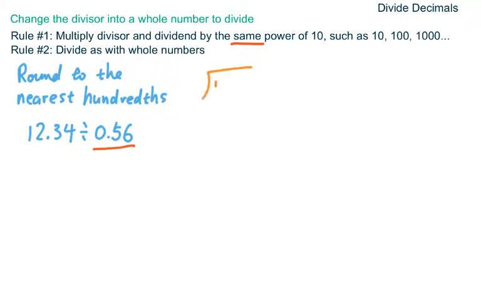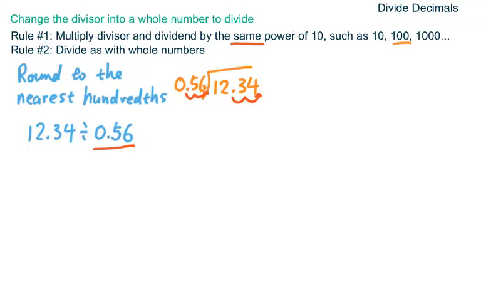So we want to write the dividend inside and the divisor outside. And to make sure the divisor is a whole number, we need to multiply it by 100. So that means we also need to multiply the dividend by 100. Basically, it means we need to move the decimal point to the right 2 places.